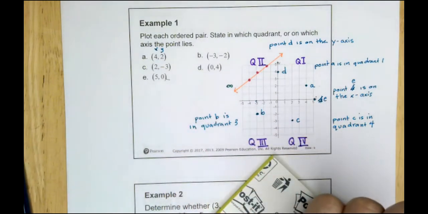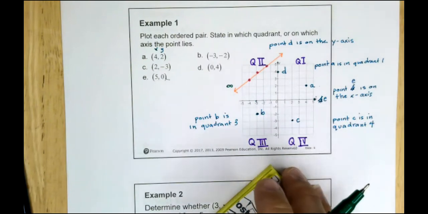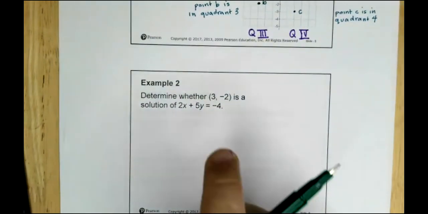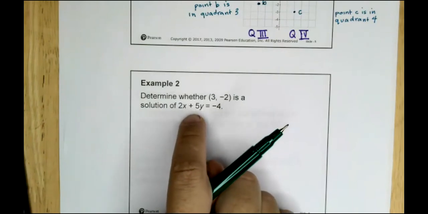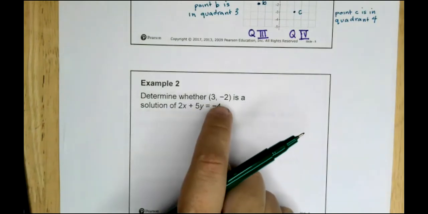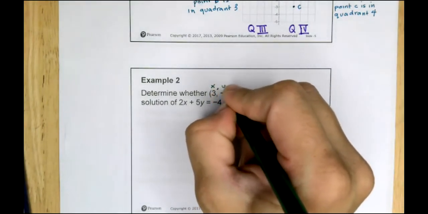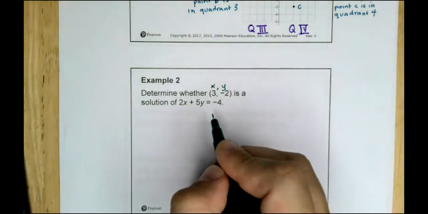Because each individual point has an x value and a y value, we can make an equation using x and y for that line. Okay, so here's an equation, right? Here is a point, x, y. How do I know if this point is a solution for this equation?